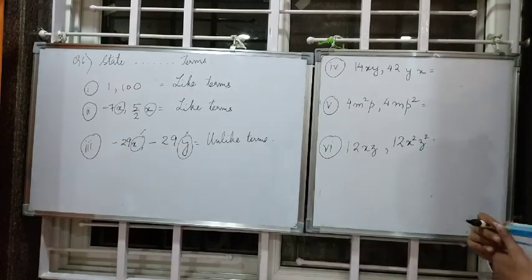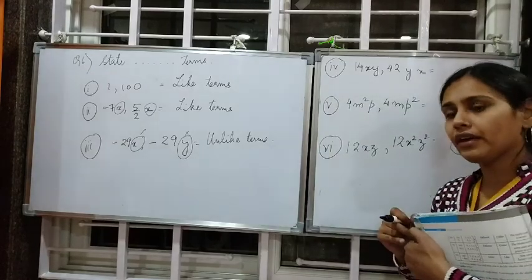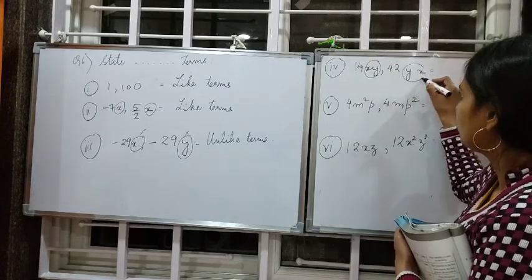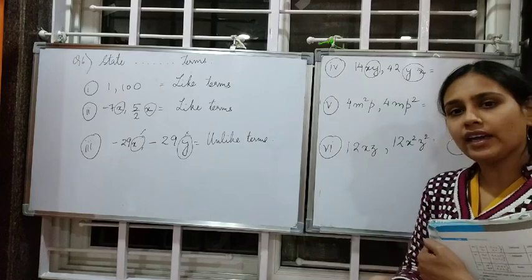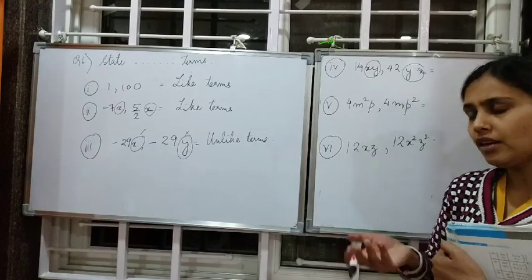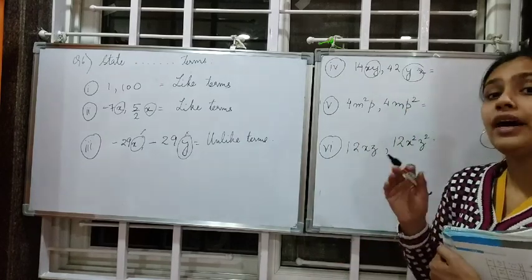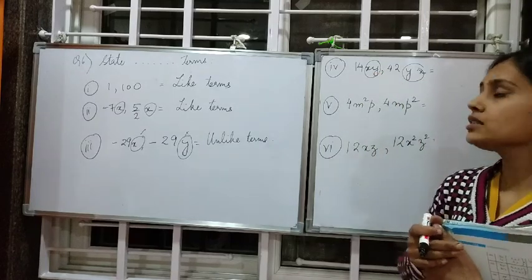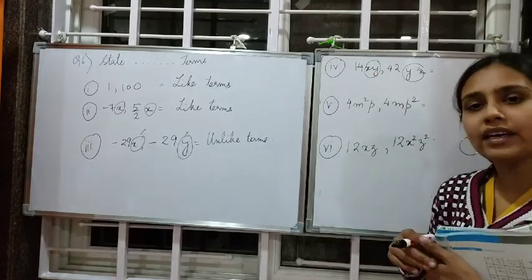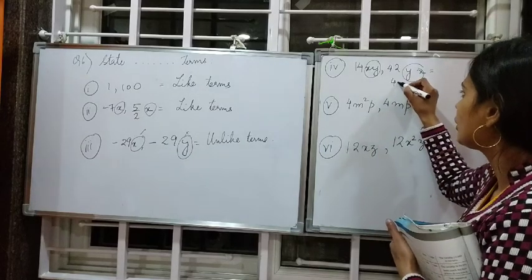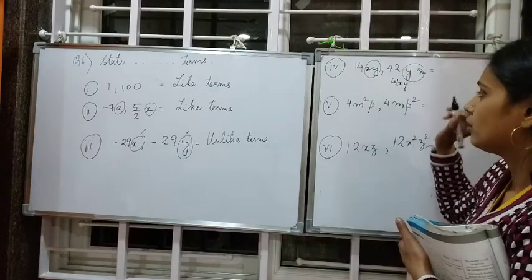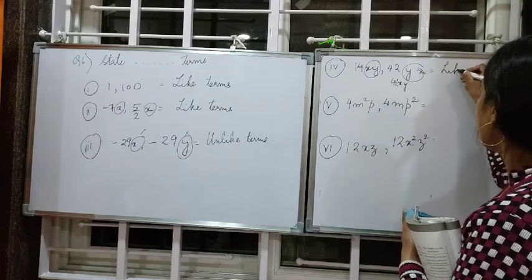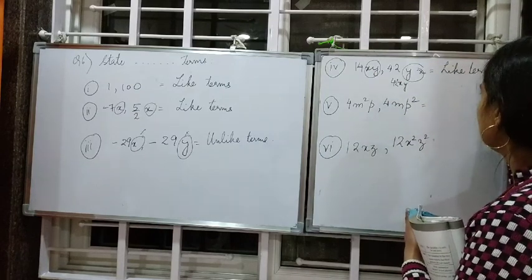Okay. Again, what to compare? We compare the variables. xy, yx. Yx and xy is the same thing, right? Only their places are different. But are they same? Otherwise, yes, they are same because 42 yx can be also written as 42 xy. Okay, so now are they same? Yes. So the terms are like terms.